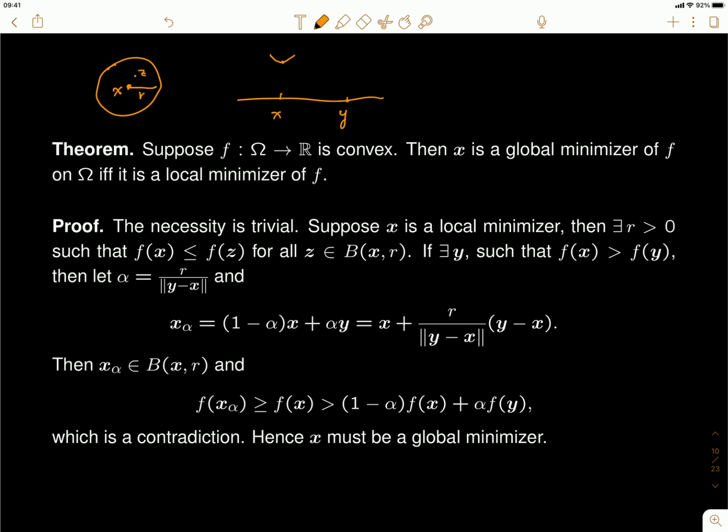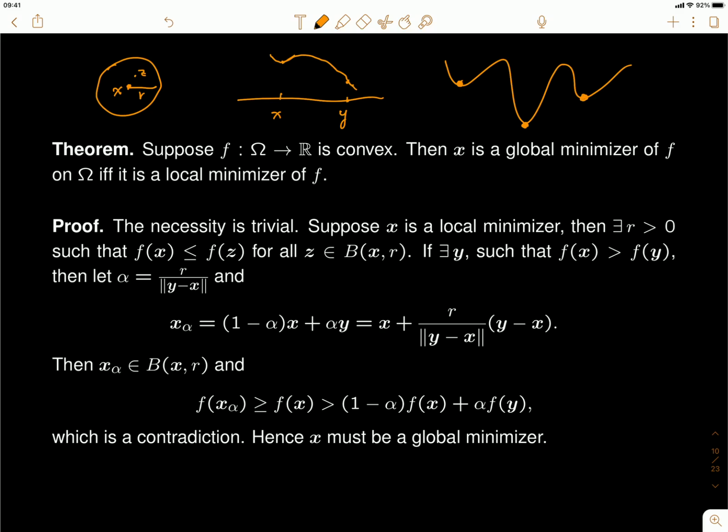But if x is not a global minimizer, there's some other point with even smaller function value, for example a y with value here. Then you must somehow bend your curve back to eventually reach y. So this is the issue with local minimizers. If you have a function like that, there are many local minimizers, but only the middle one is a global minimizer. Others are just locally optimal.